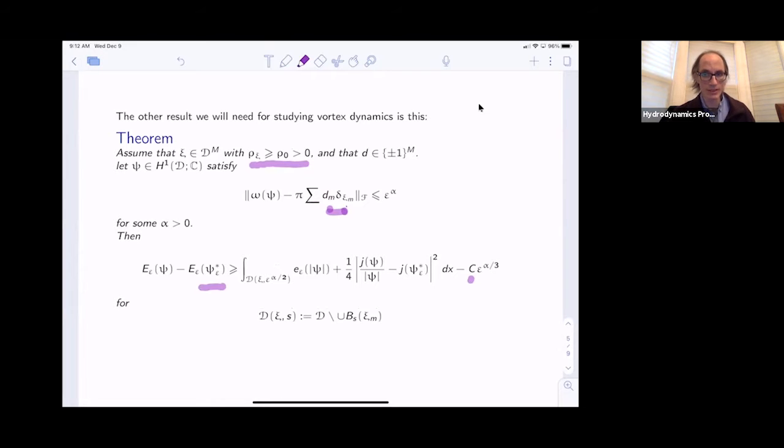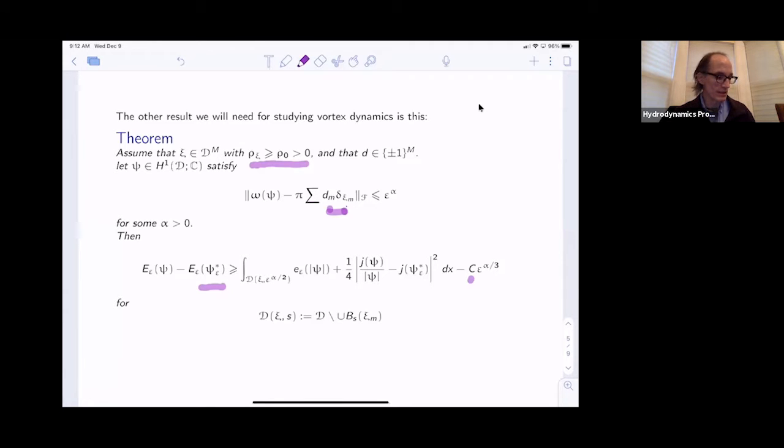So any psi whose vorticity is also close to those things has energy bounded below by the energy of the explicit thing we constructed, plus some positive terms. And then there's an error term which can be negative but is tiny.